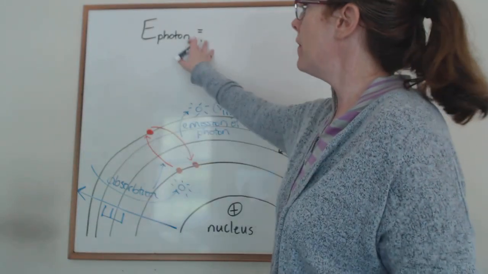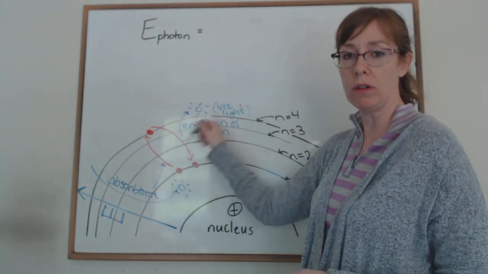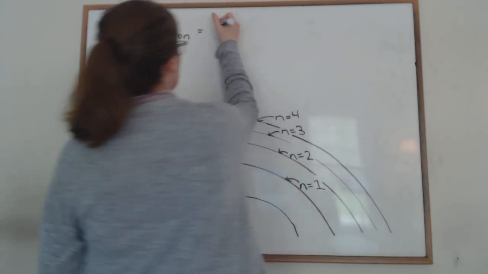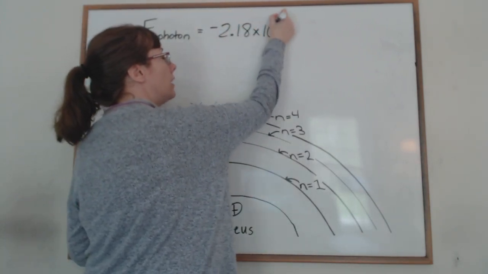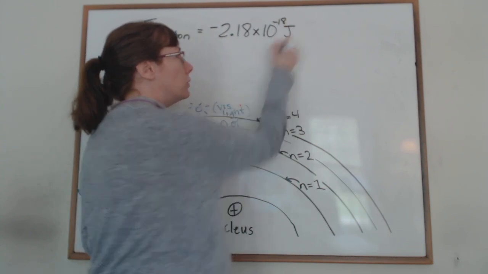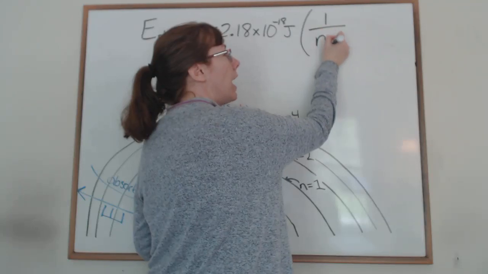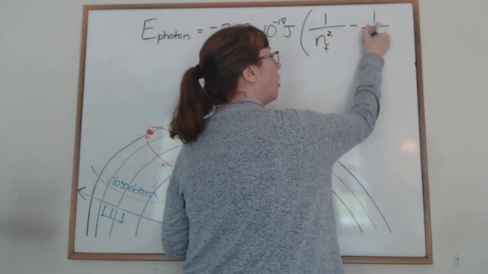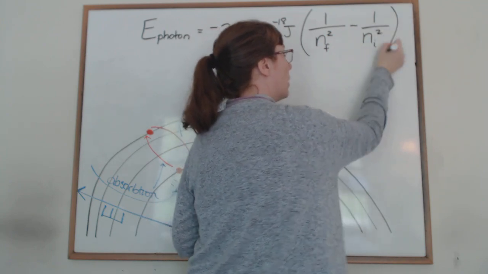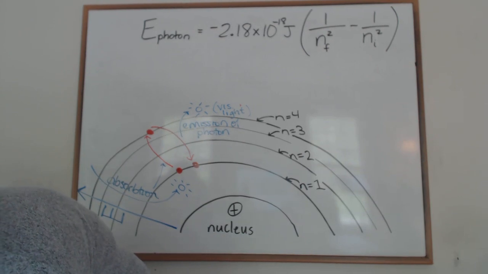The energy of the photon that is either coming in to jump you up or coming out with the fall is equal to negative 2.18 times 10 to the negative 18th joules times 1 over n final squared minus 1 over n initial squared. Okay, so go ahead and jot this equation down. Make sure I have my numbers right here. I think that I do.